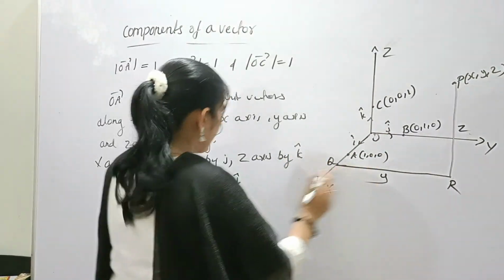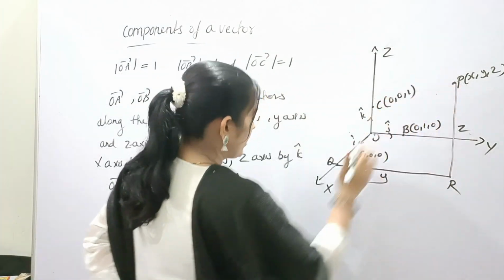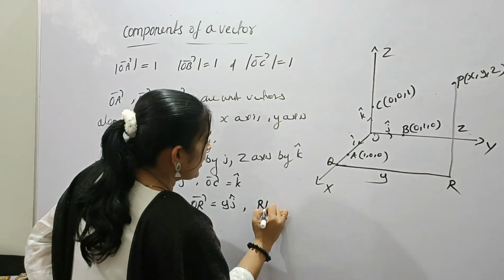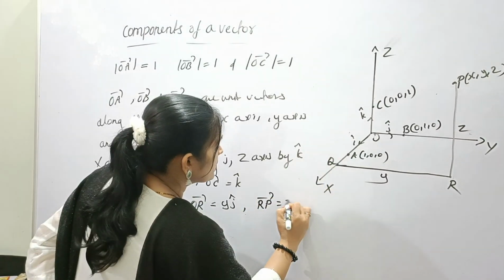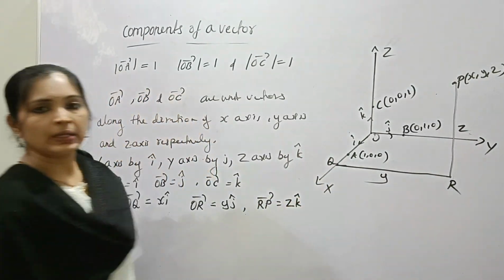And next is RP. Vector RP is equal to z k cap.